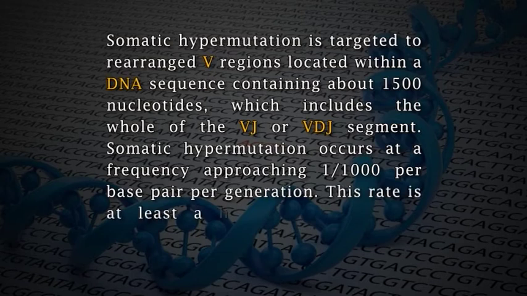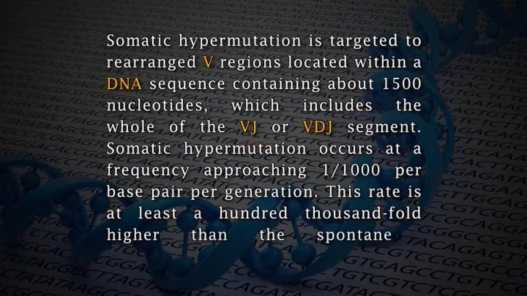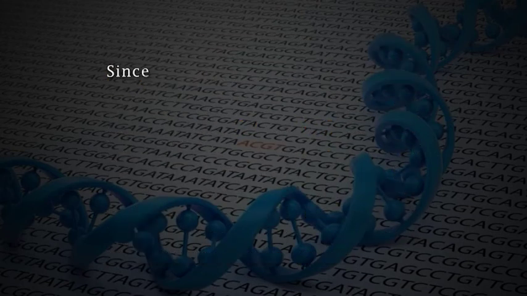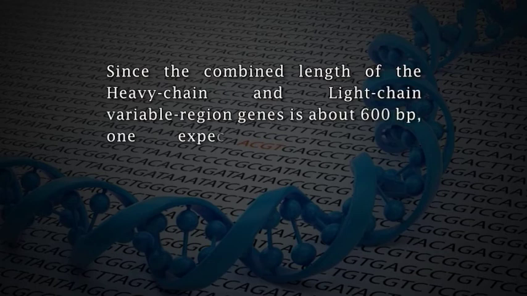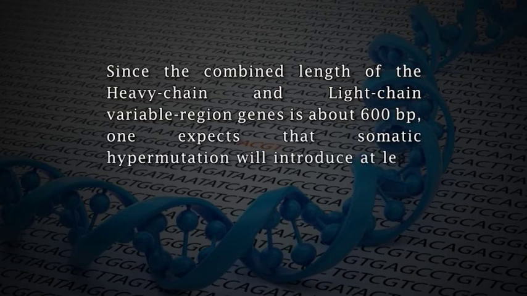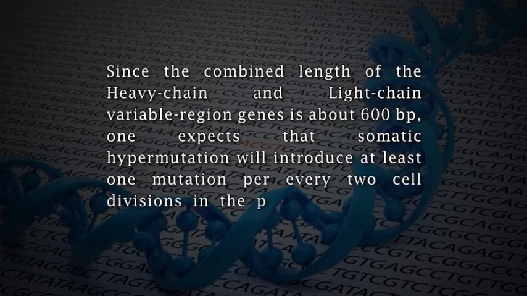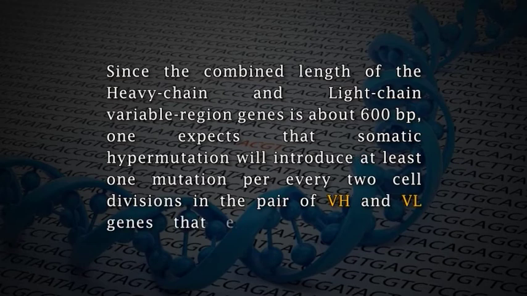This rate is at least 100,000-fold higher than the spontaneous mutation rate in other genes. Since the combined length of the heavy chain and light chain variable region genes is about 600 base pairs, one expects that somatic hypermutation will introduce at least one mutation per every 2 cell divisions in the pair of VH and VL genes that encode an antibody.